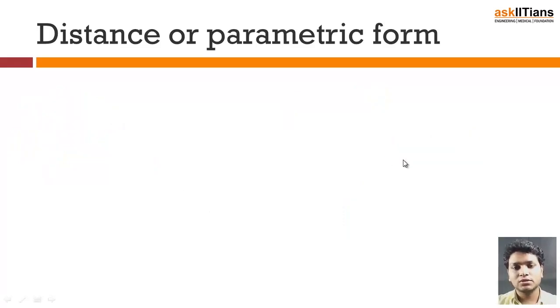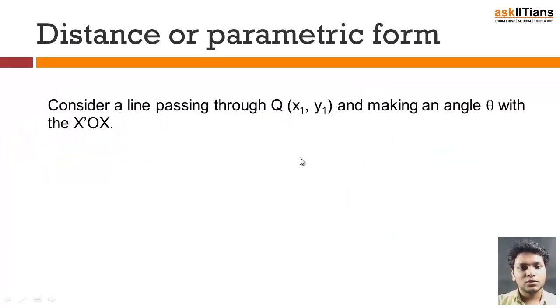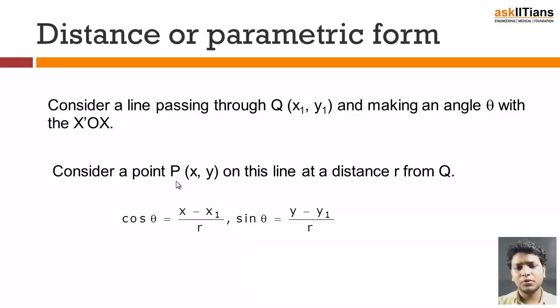But now there is a twist in this story, and that twist is, first of all, we have considered a line which is passing through Q and making an angle theta with the x-axis. After that, we have considered a point P on that line, which is at a distance of r from Q. So all of you must remember this fact about cos of theta.